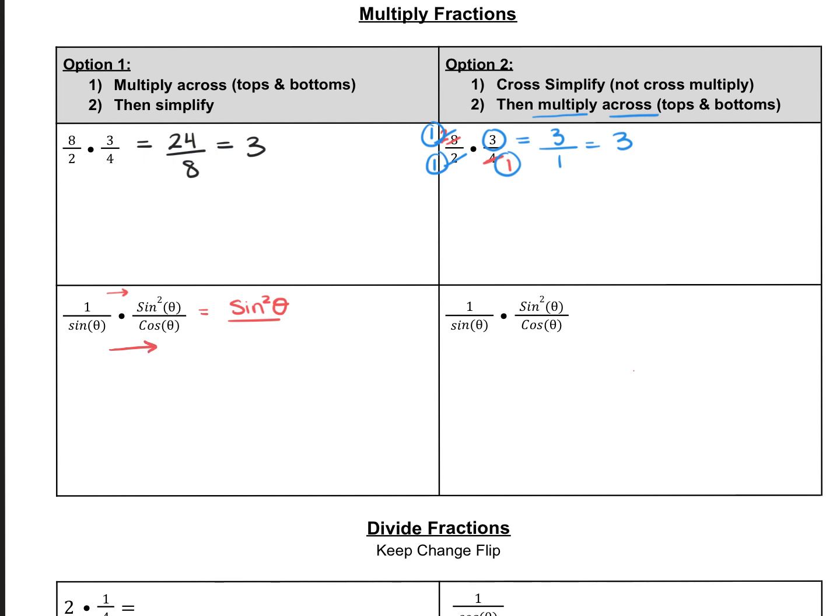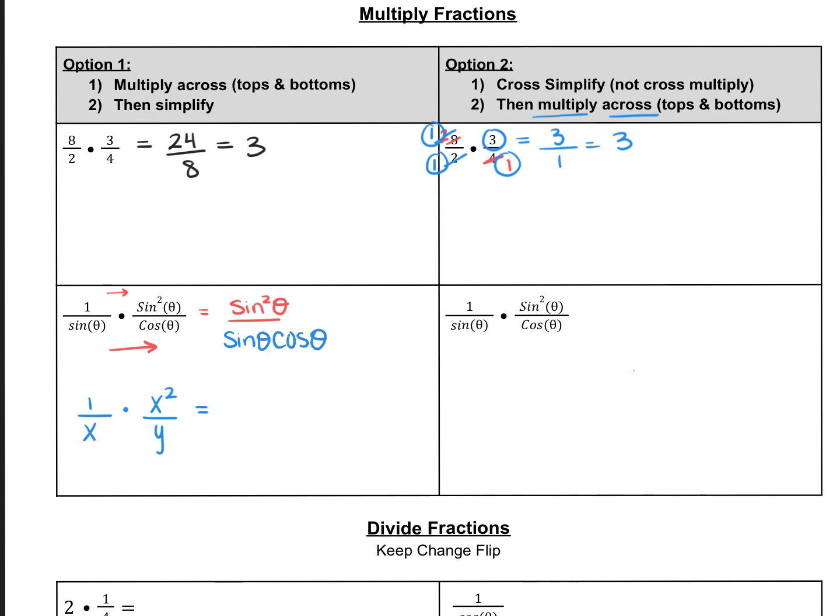This is the same thing as multiplying 1 over x times x squared over y, where x is sine and cos is y. Sine squared would simply be x squared. When you multiply x and y, you can't combine them, so you just write them next to each other. So this would be sine of theta times cosine of theta.